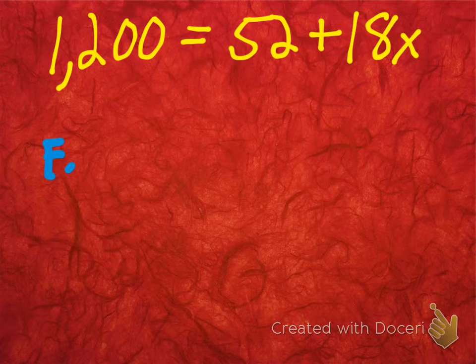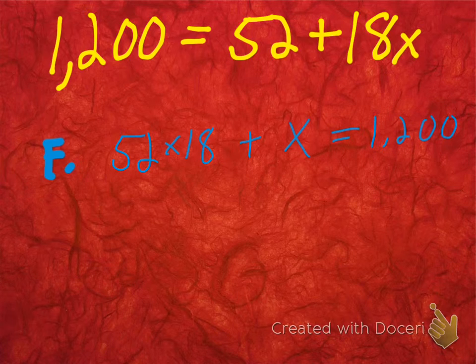So we're going to say 52 times 18 to figure out that price. Plus a bonus of X, which would earn her 1,200. Is that what we have? Does that match? No, it doesn't. So F doesn't work out.